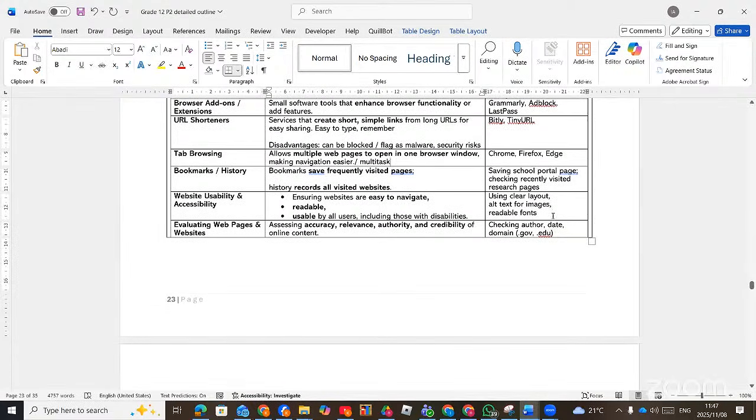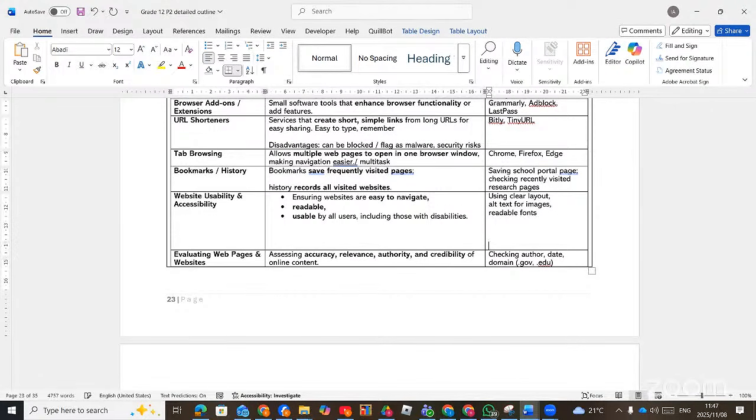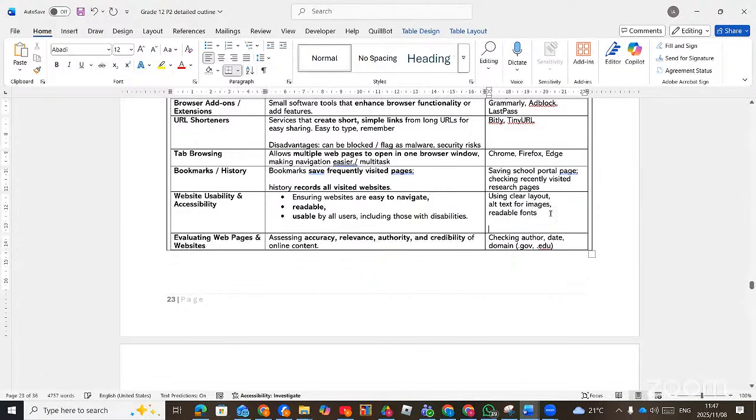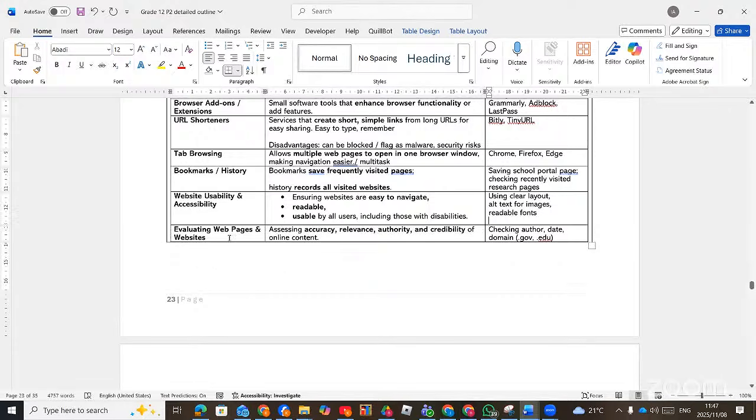Then we also have evaluating a website. There are two different things. Evaluating and usability are not the same. Sometimes learners get confused. When you are evaluating a website source, you must consider the accuracy, the authority, the credibility, the objectivity, and others.